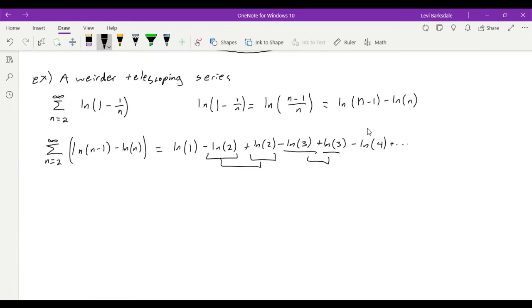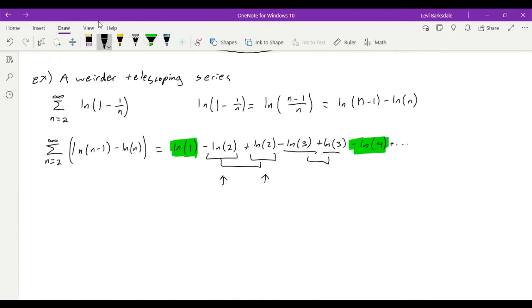And this is a bit tricky to consider because the last part of one term cancels with the first part of the next term, which means what we're left with is essentially the first part of the first term and then the last part of the last term.